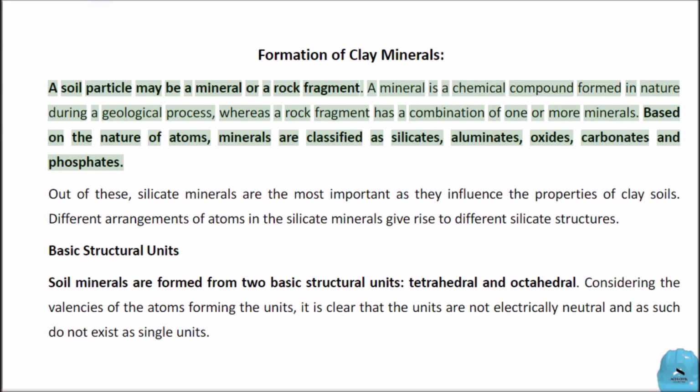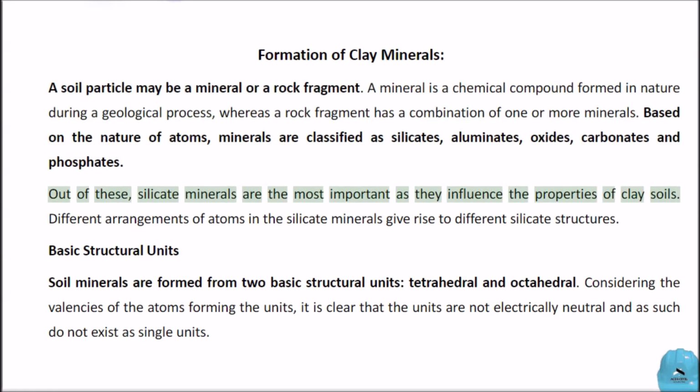Based on the nature of atoms, minerals are classified as silicates, aluminates, oxides, carbonates, and phosphates. Out of these, silicate minerals are the most important as they influence the properties of clay soils. Different arrangements of atoms in the silicate minerals give rise to different silicate structures.